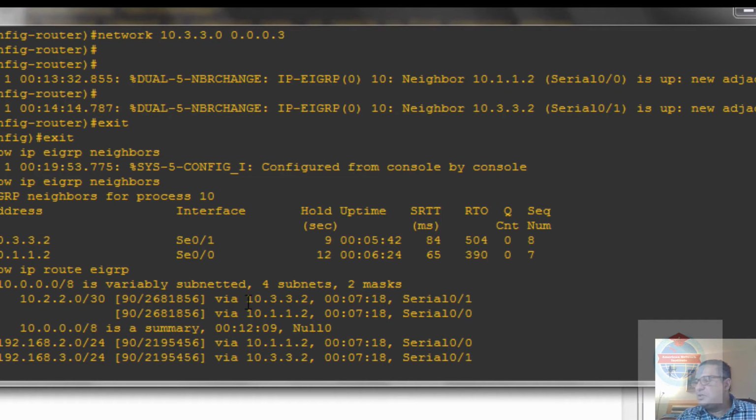The situation is because we have equal cost load balancing. That means it takes the same effort to get to 10.2.2.0. You can go through either one of these two paths. You have only one path to get over here, only one path to get over here, but you have two paths to get to 10.2.2.0.